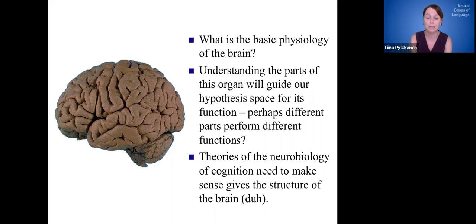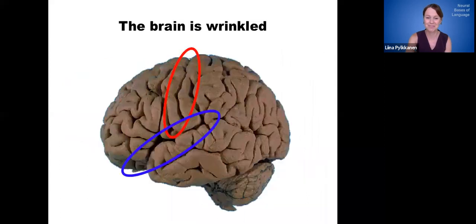We don't, for example, want to postulate that signal goes from area A to area B if those regions actually are not physiologically connected. So we need to have some understanding of the basic biology of the brain in order to do neurobiology of cognition. It should be kind of obvious.